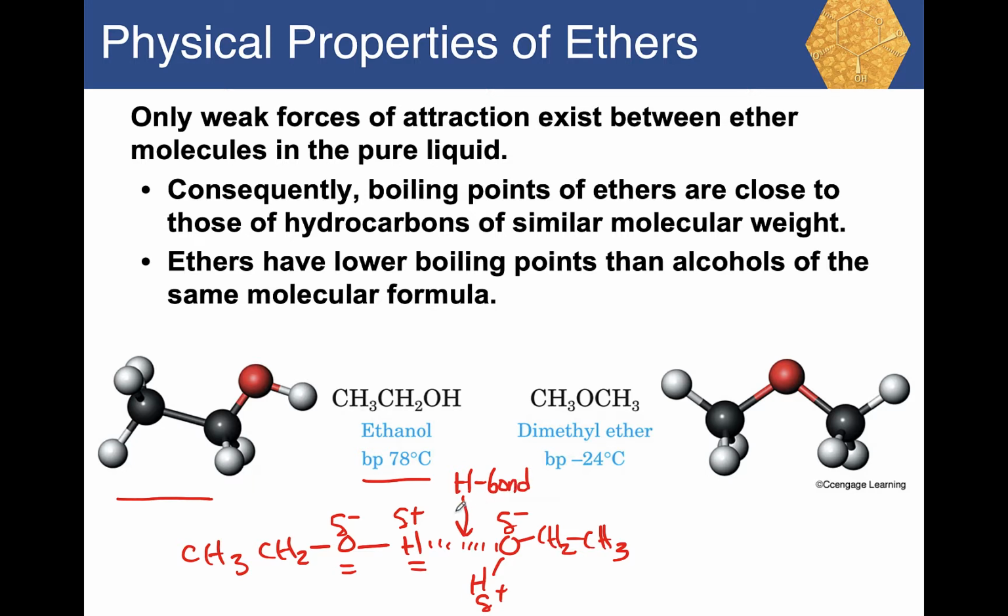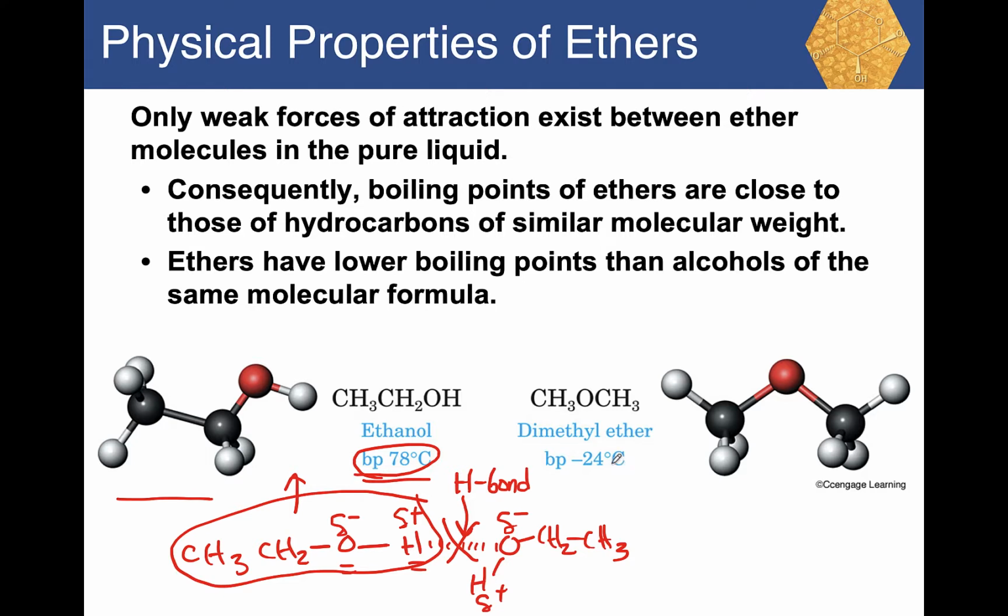A very strong bond. So in boiling, the energy supplied will have to break this bond so that this molecule can go into the vapor phase. Requires energy. As a result, the boiling point of ethanol is pretty high.